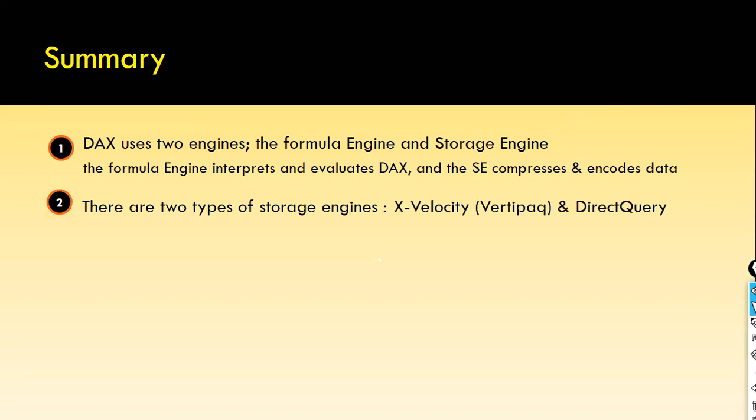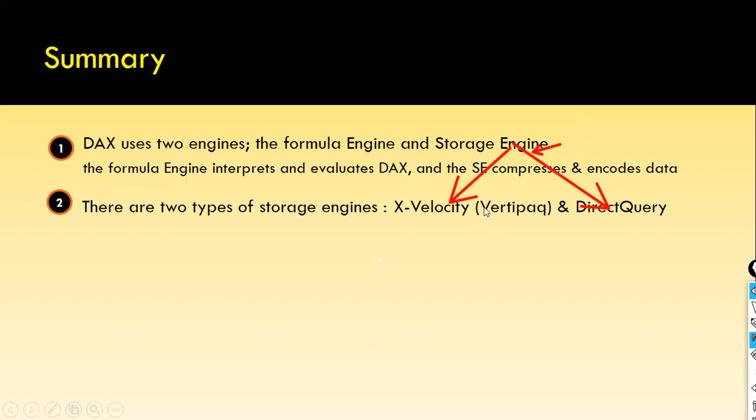And there are two types of storage engine. One is XVelocity, previously called VertiPaq, and the other storage engine is DirectQuery. So there are two engines, the formula engine and the storage engine, and within the storage engine itself you have two types: XVelocity and DirectQuery. XVelocity is for import.